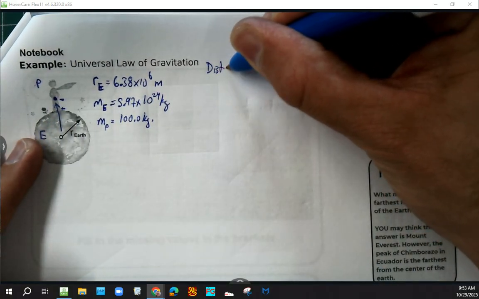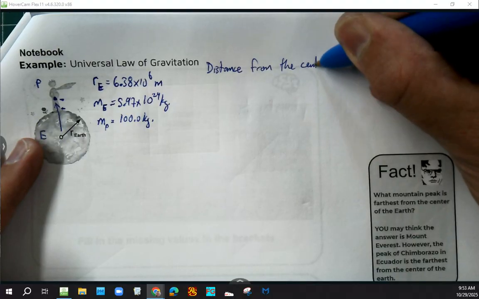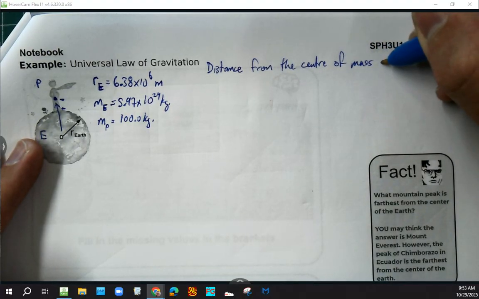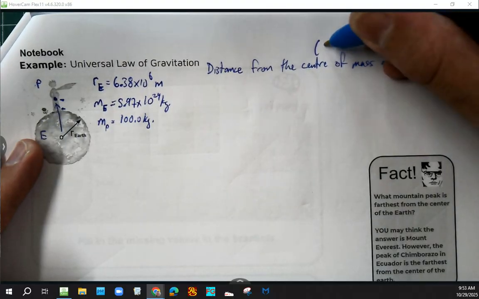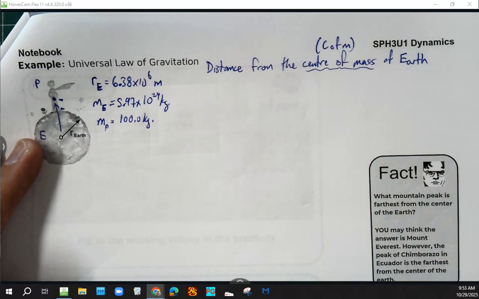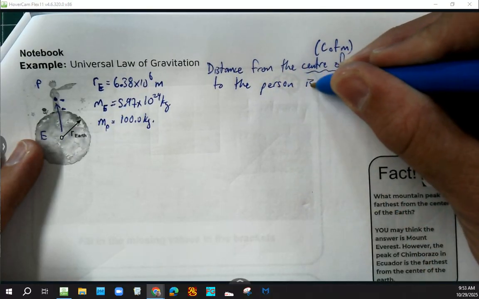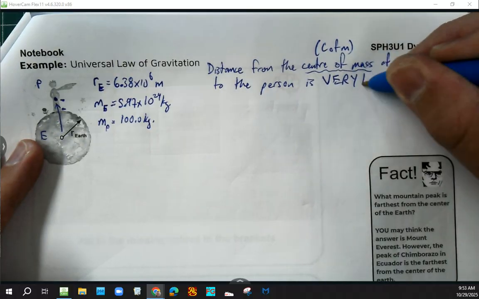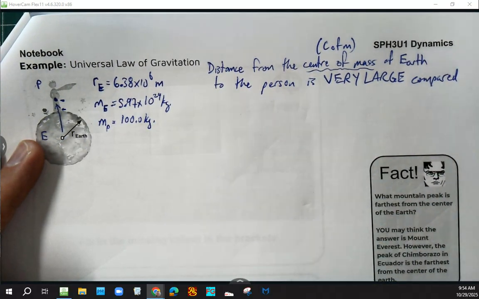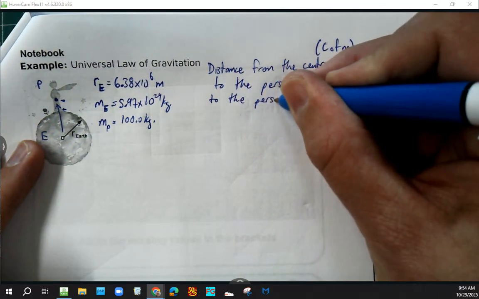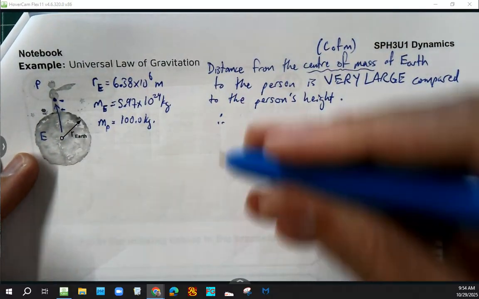The distance from the center of mass of Earth, and we could write in just above center of mass, C of M, center of mass of Earth to the person is very large compared to the person's height. Therefore, in a situation like this, disregard the human's height.